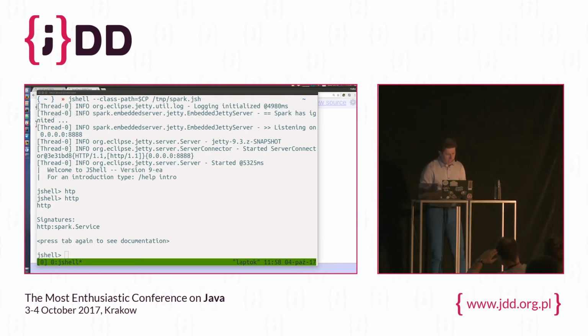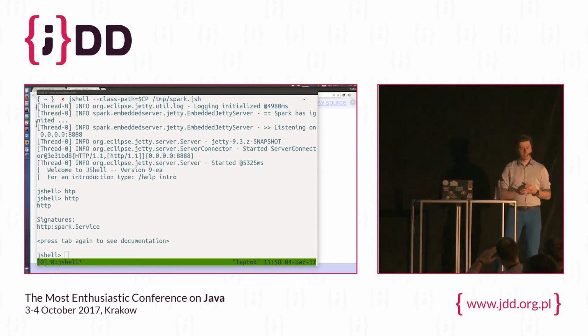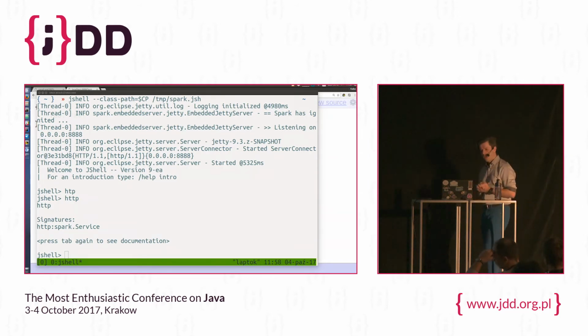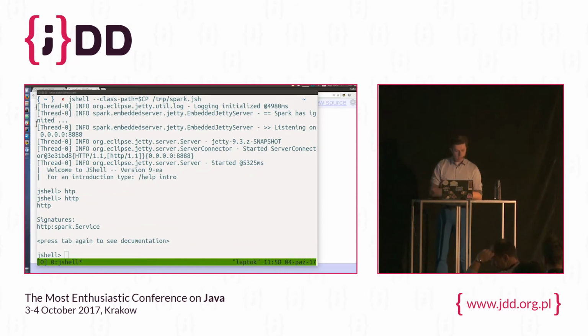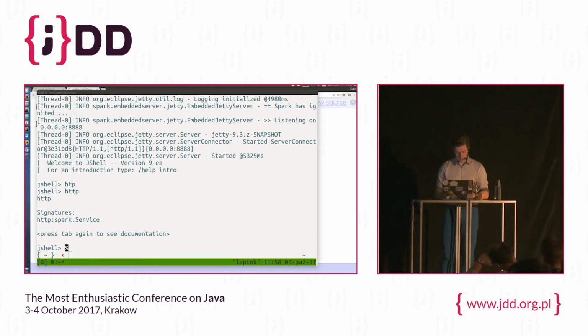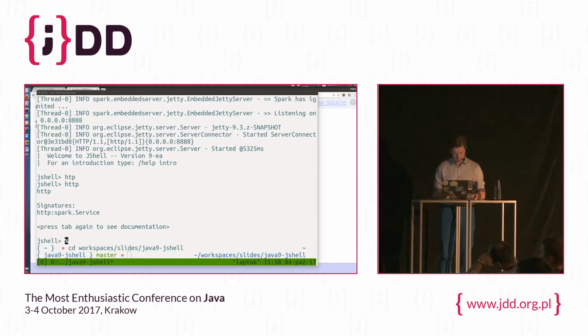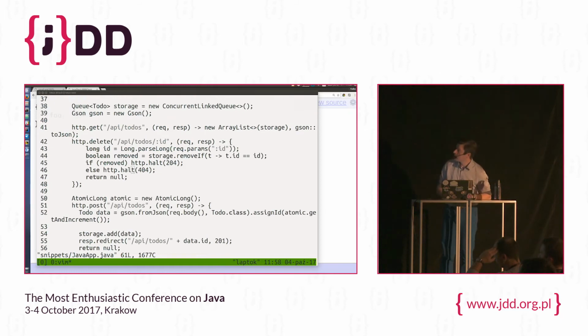So I would like to take this concept of the Spark Java application, so a very simple application, to the next level. What I've done in the background, I've prepared a small snippet, it's a Java application, as you can see.